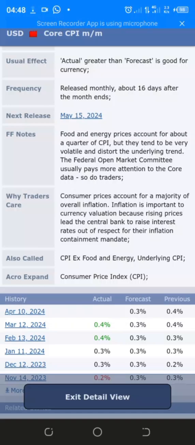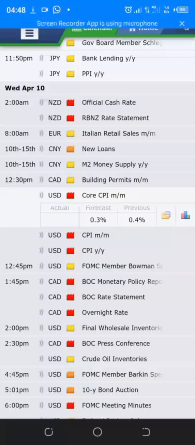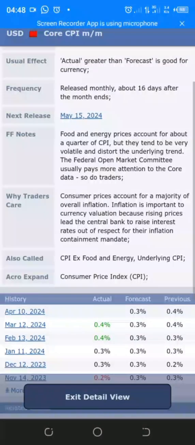So if banks are paying higher interest, people will be buying the United States dollar. If the actual for 12:30, Wednesday 10th April 2024, is greater than forecast, banks will be paying higher interest rates so that they can curb inflation.